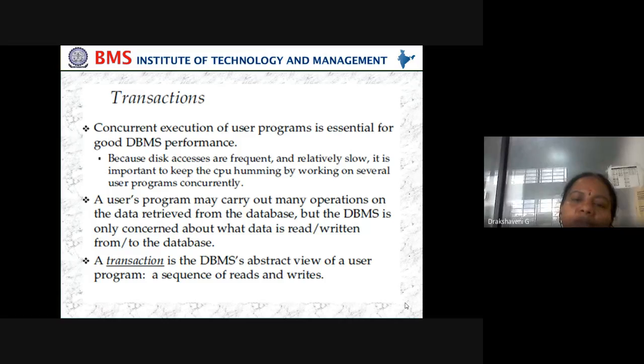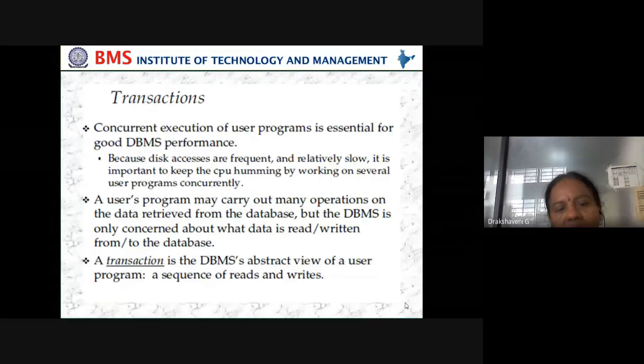So what is the work of the DBMS? The user program may carry out many operations on the retrieved data, but the DBMS is only concerned about the reads and writes.